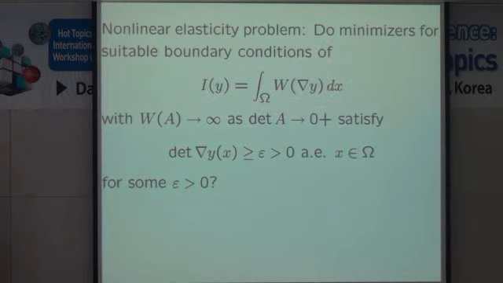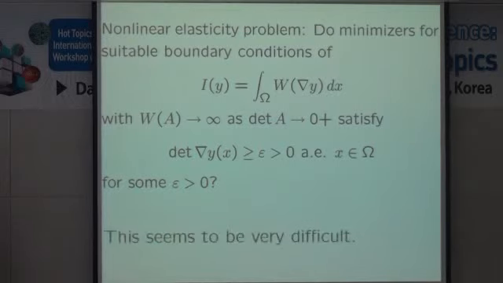But we don't know that the minimizer satisfies the most straightforward form of the Euler Lagrange equation in weak form. There are other weak forms of the equilibrium equations that we do know are satisfied under certain circumstances. So I think that's all I'm going to say. Just that this seems to be very difficult. Okay.